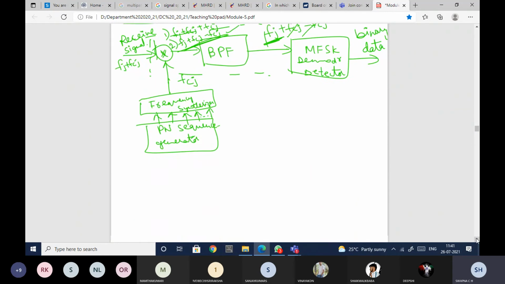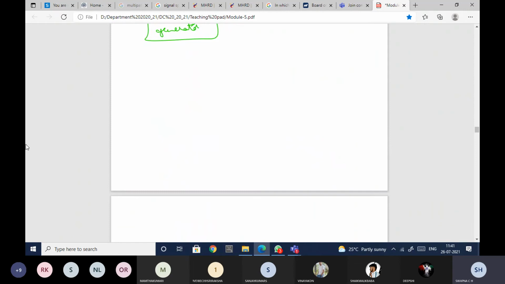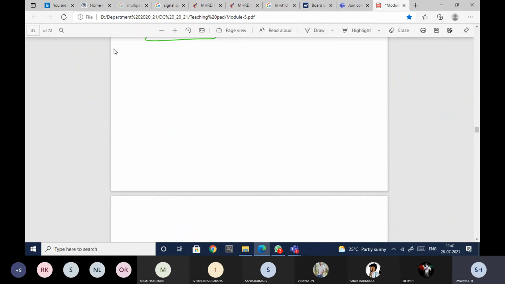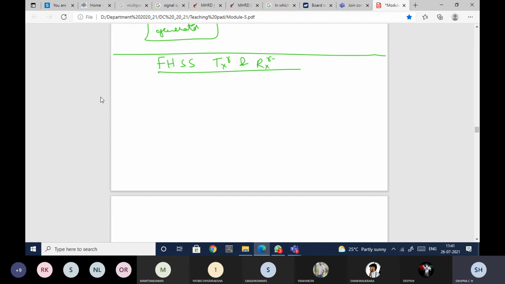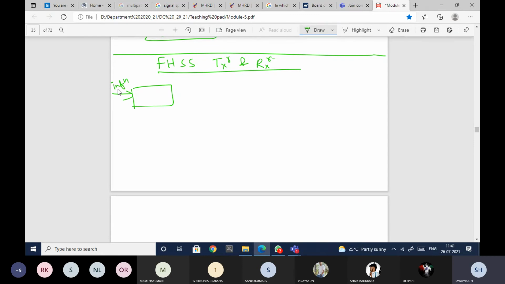Let me put this entire thing in one block diagram, the complete block diagram of the FHSS transmitter and receiver. Let me draw the diagram. First I'll have the incoming data or information signal that is given to the encoder.